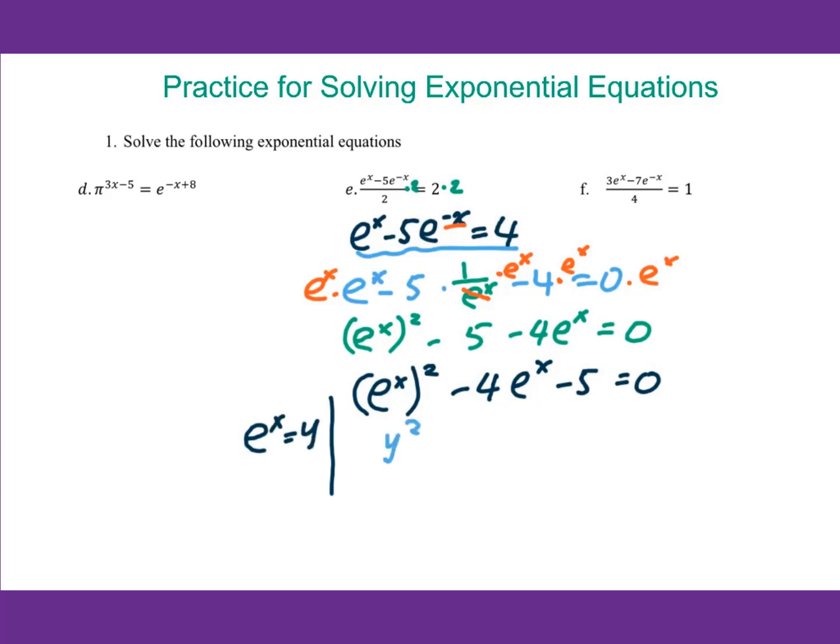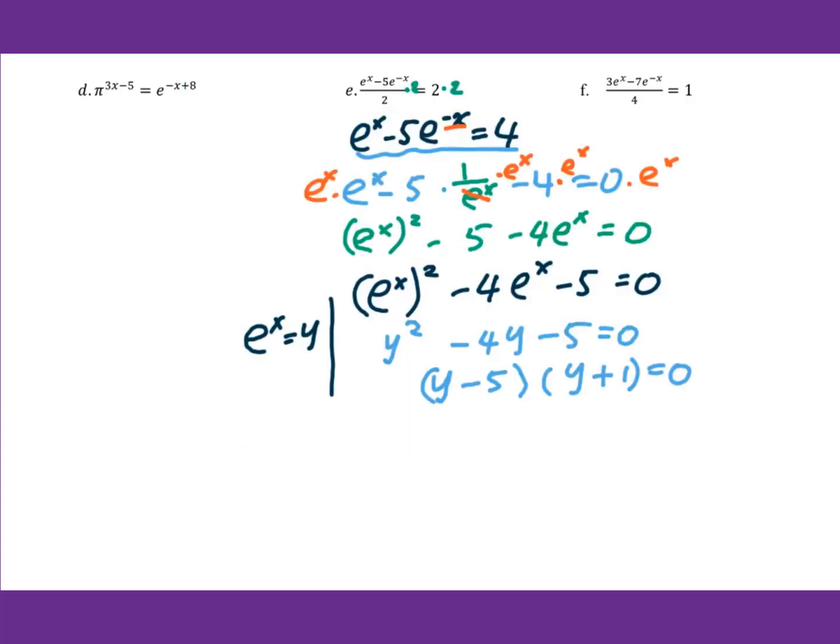Therefore, we got y squared minus 4y minus 5 equals 0. Using ninja x, we got (y minus 5) times (y plus 1) equals 0. Therefore, y1 equals 5 and y2 equals negative 1.